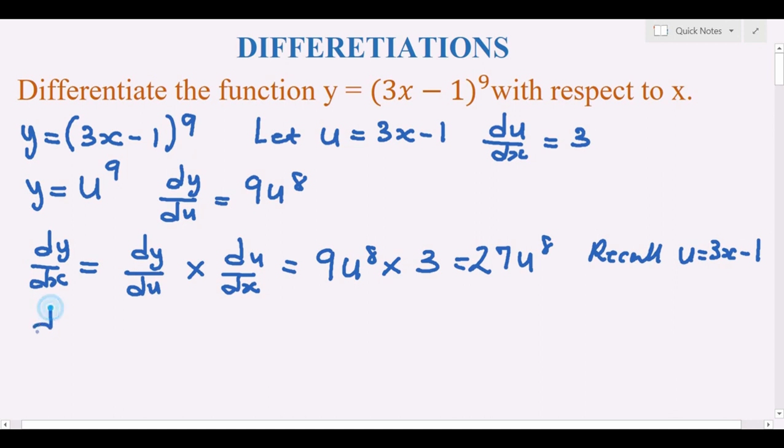So our dy/dx will give us 27 into (3x minus 1) raised to the power 8. This is our answer.